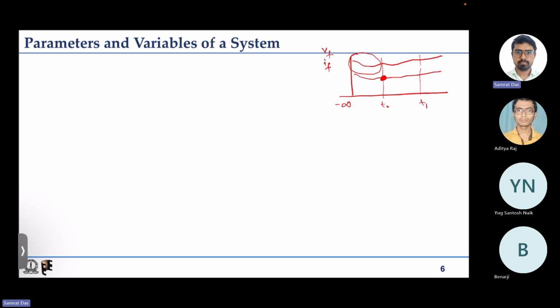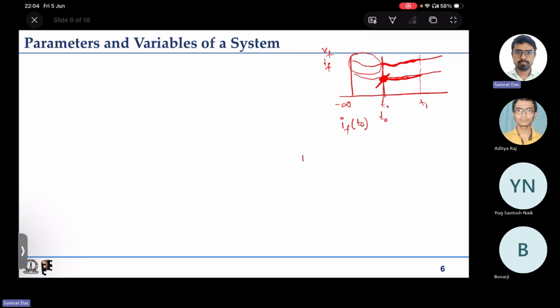We only need to know, since this instant, what kind of inputs are applied, and if we know that, we will be able to predict what kind of output the system will produce. So only if at this instant t0 we know the field current, and if we know after that what the voltages are.